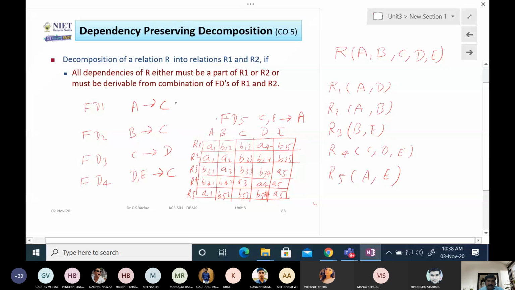Now for each FD, we will check. If we find any two rows where the alpha side is equal, then we will replace the B symbol with the A symbol on the right hand side. Or, if two rows agree on their left hand side, they must agree on their right hand side.